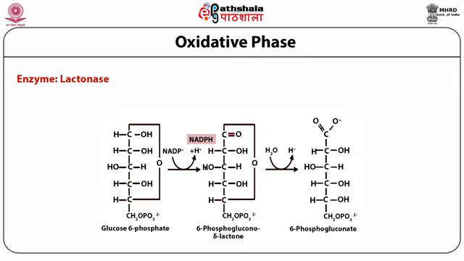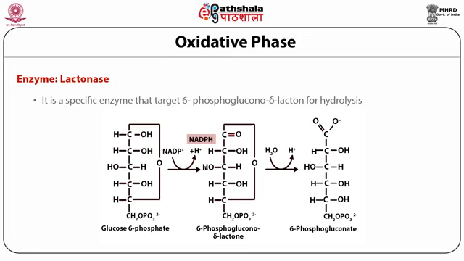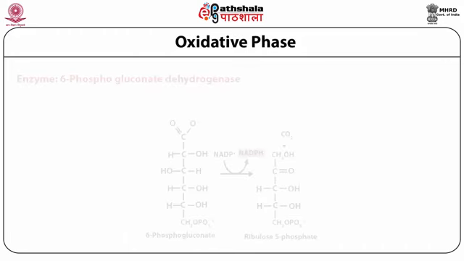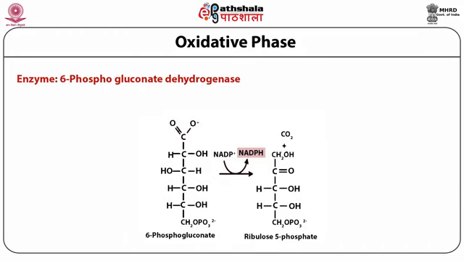In this case, since lactone is intramolecular, the 6-phosphogluconolactone is opened up to the acid form, gluconate. This type of hydrolysis reaction is favorable. Following reaction shows the action of enzyme 6-phosphogluconate dehydrogenase.